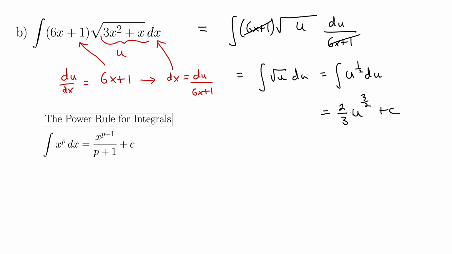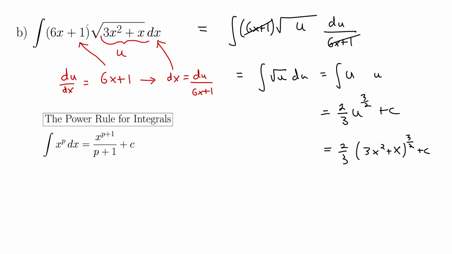But when you divide by 3/2, it's actually the same as multiplying by 2/3. But remember that u is actually 3x squared plus x. So we back substitute next to get 2/3 times 3x squared plus x, all to the 3/2 power, plus c.